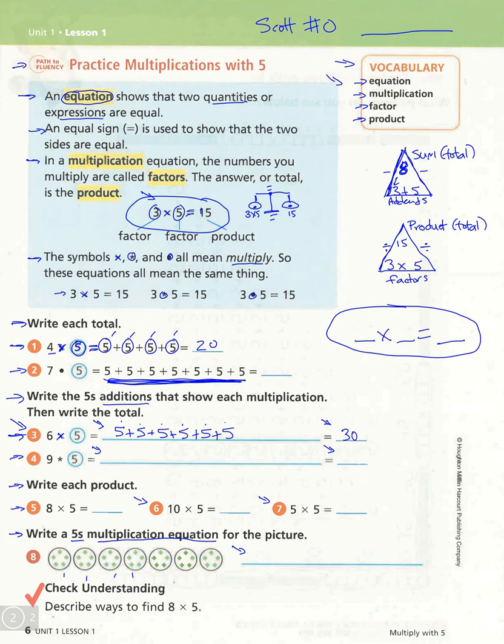So one of the things that I don't know if I talked about in the previous video is that the multiplication 6 times 5 is really a shorthand way of writing this repeated addition. The multiplication symbol, right? Here's that plus symbol. Let me see if I can do a little bit better.